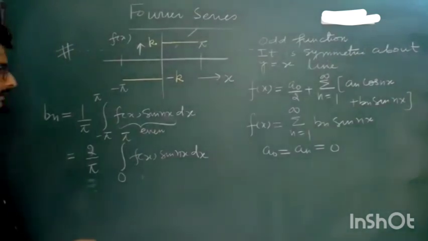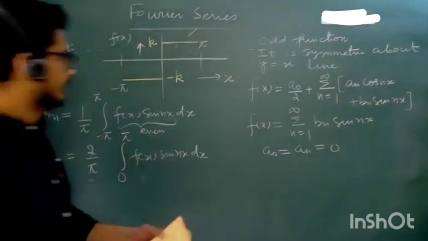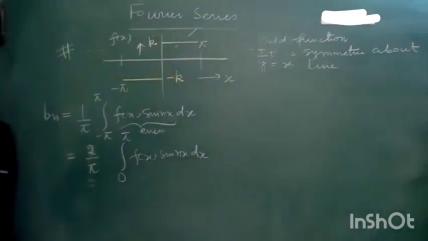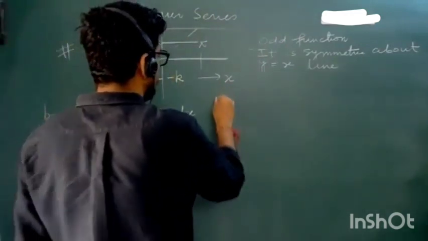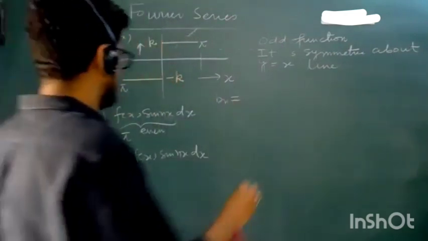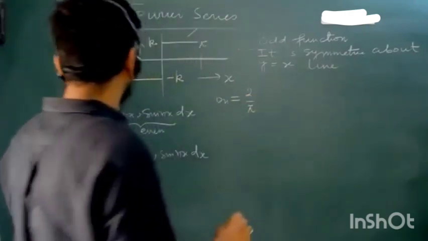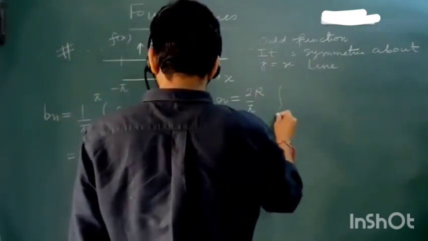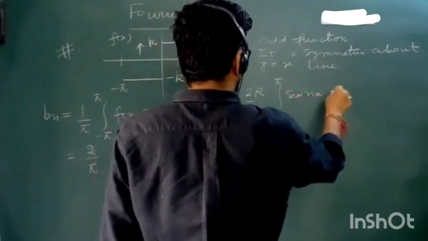Now let us solve this integral. So इसमें main integration ही रहेगा करने वाला. Main thing will be integration. So b n will be equal to, if you see, 2 by pi, and what is the value between 0 to pi? It is k. So 2k by pi, 0 to pi sine of nx dx.